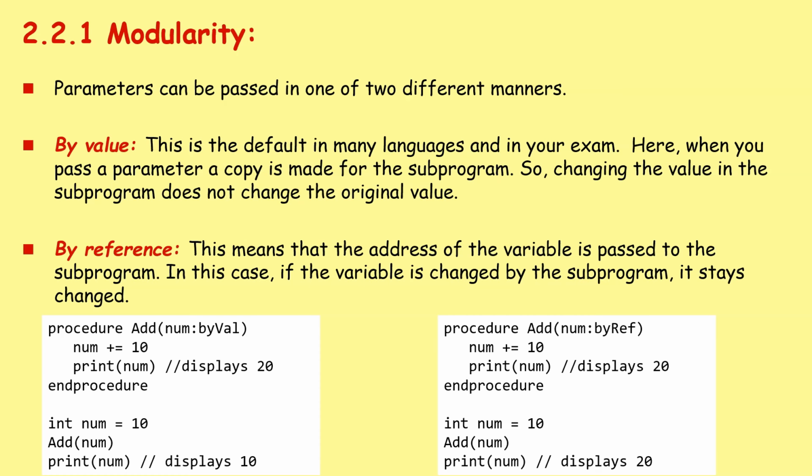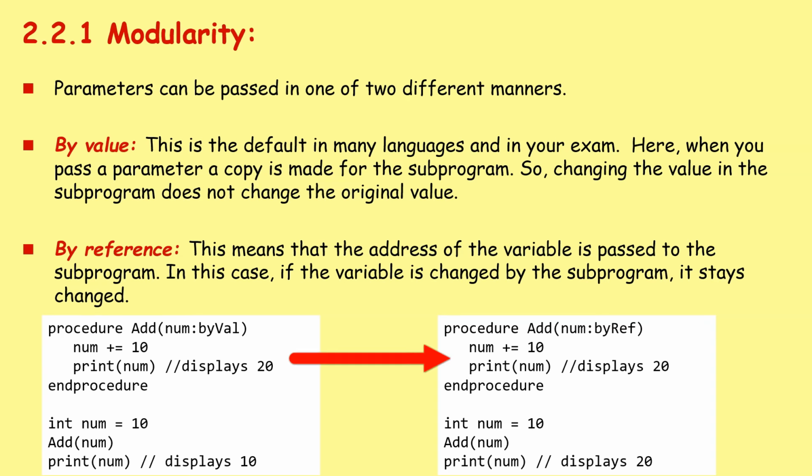We add 10 to it, and then we print it displaying 20. The procedure ends, goes back to the main method there, where we print the value of num, and we still get the value 10. So in the main program, num has the value 10, even though we added 10 to it in the procedure. This, however, does not affect anything outside of the procedure. The value num does not change outside of this.